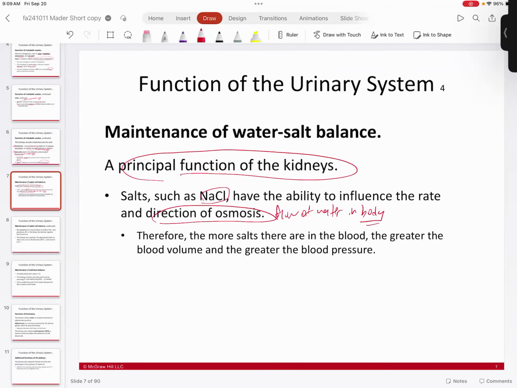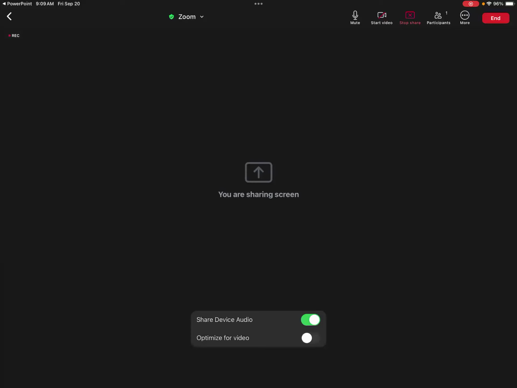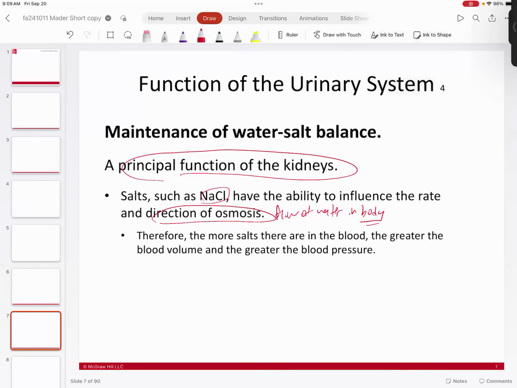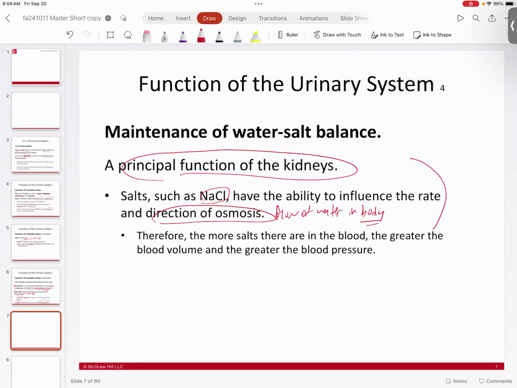If you need intentional water flow, for instance if you need the water to go from one place to another, then you use the sodium chloride as a way to direct the water to move in a particular direction. This is an important piece, because when you take a look at the kidneys, you have to understand osmosis. And osmosis is effectively defined as the diffusion of water.